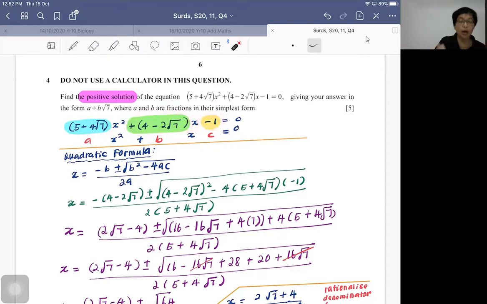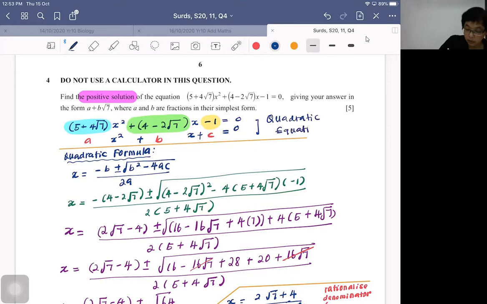It's a familiar format: ax squared plus bx plus c. This is a quadratic equation. By doing this, you notice that in order to find the solution, we will naturally consider the quadratic formula.